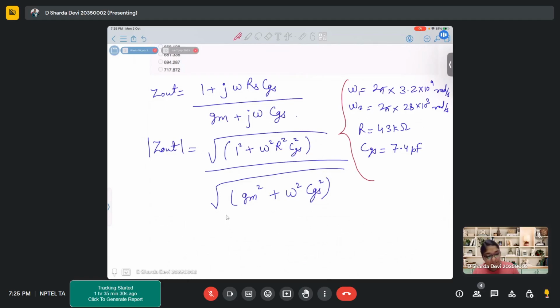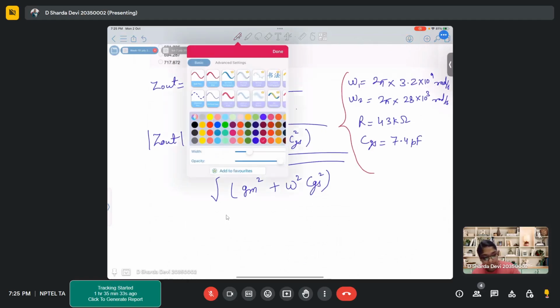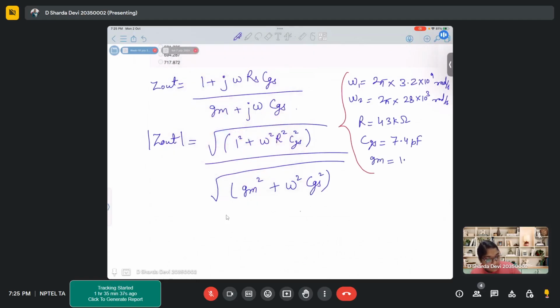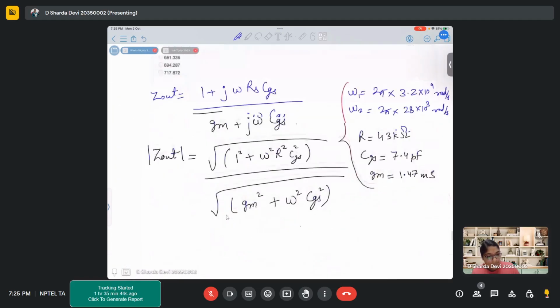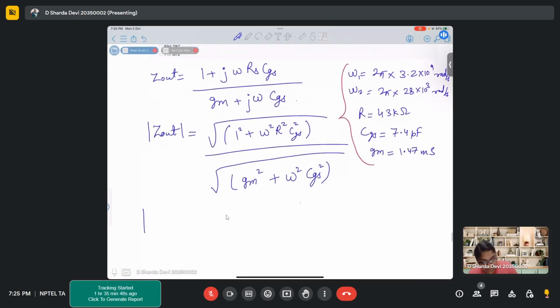So simply you have to substitute the values in this formula. g_m is also given, 1.47 millisiemens. So what is the magnitude of Z out for F equal to 3.2 gigahertz, and magnitude of Z out for F equal to 28 kilohertz?